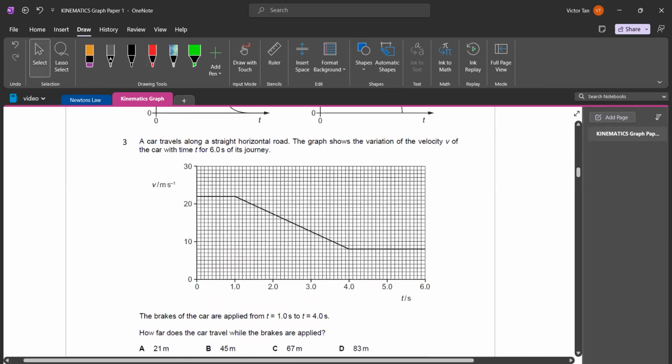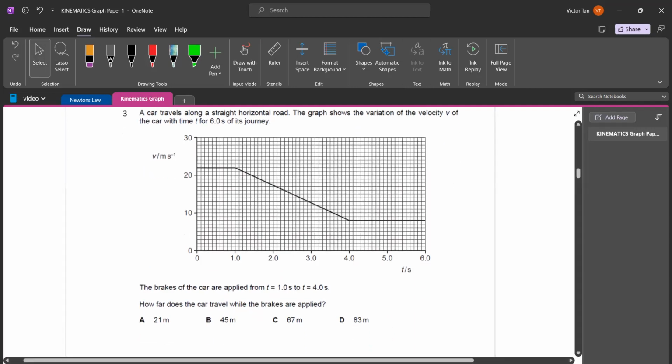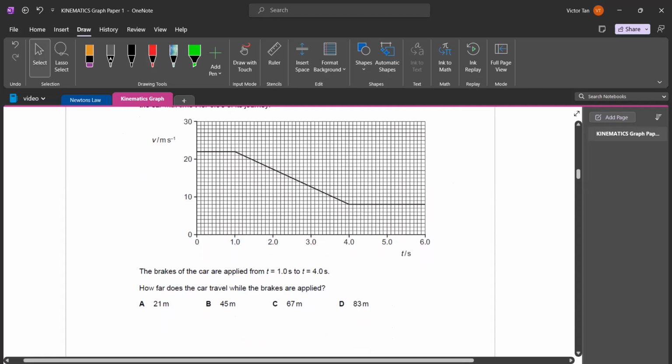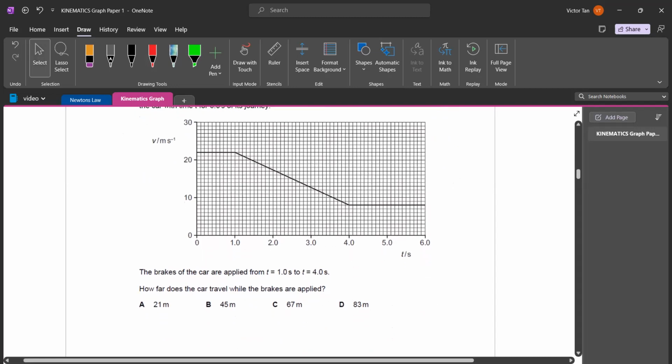A car travels along a straight horizontal road. The graph shows the variation of the velocity v of the car with time t for 6 seconds of its journey. The brakes of the car are applied from t equals 1 second to t equals 4 seconds. How far does the car travel while the brakes are applied?